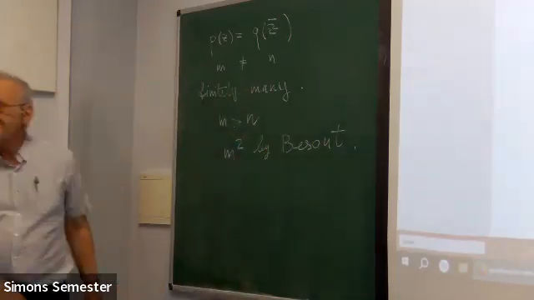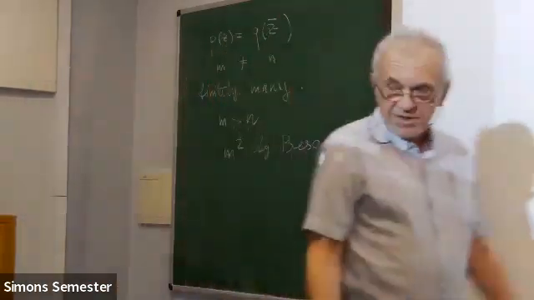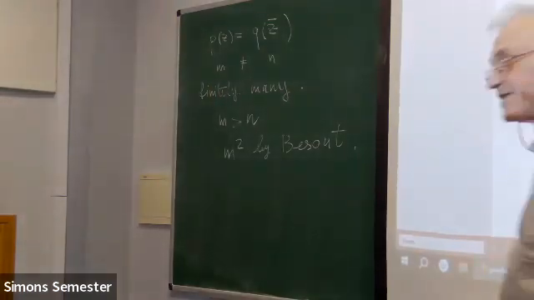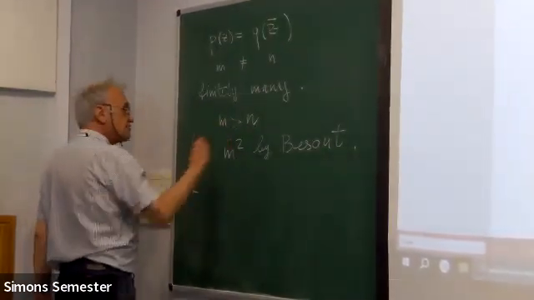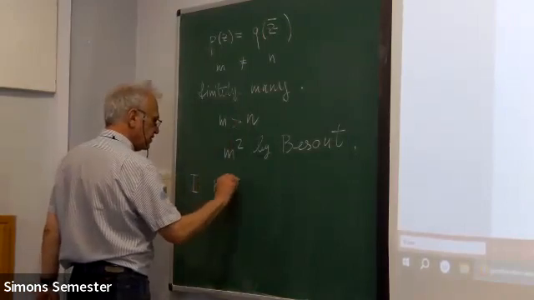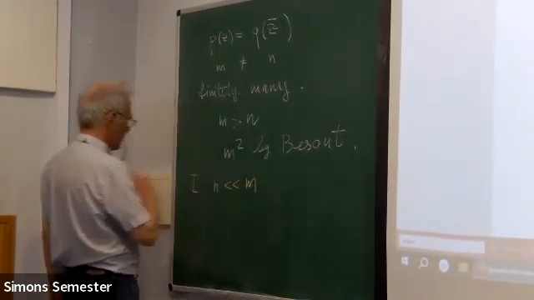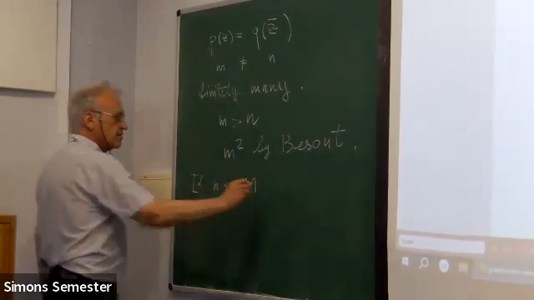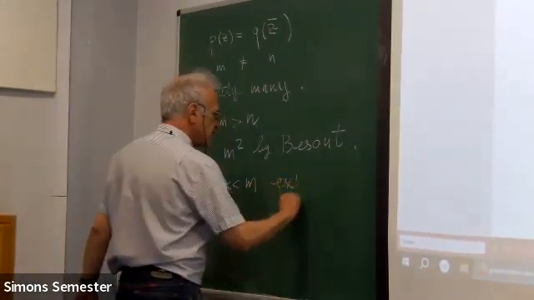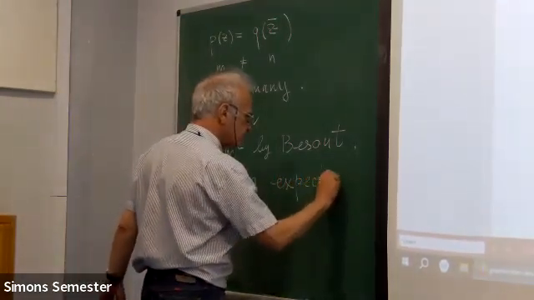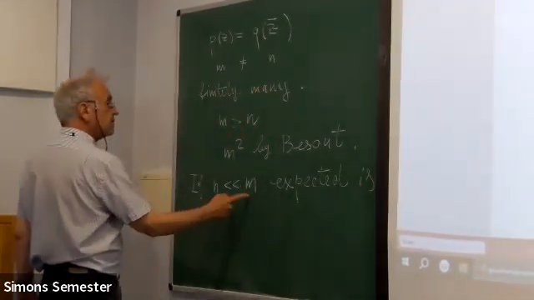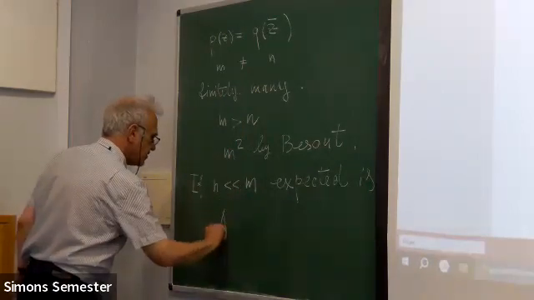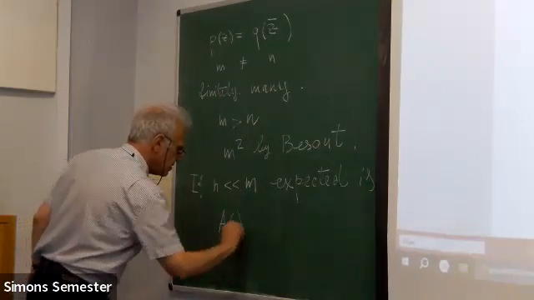And this is best possible. But if n is much smaller than m, the expected number of solutions is linear in the bigger power. Something like this.